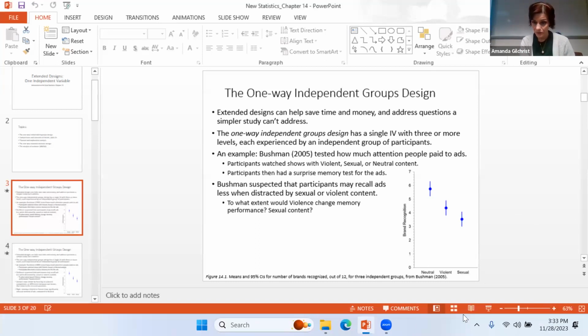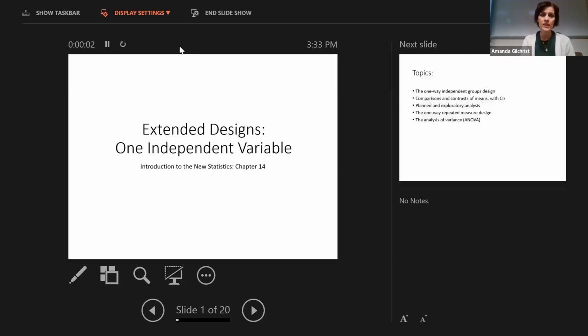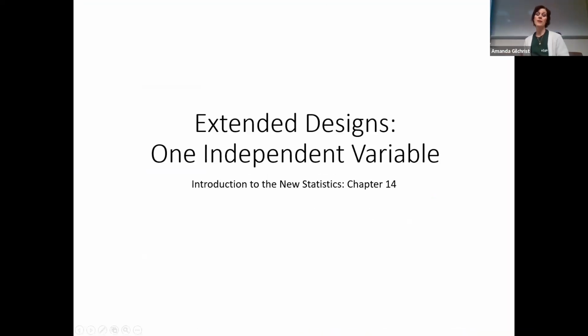Okay. So we're going to finish up by talking about our final thing in this class, which is one independent variable extended design. So this would be an instance in which you have one independent variable with more than two levels.